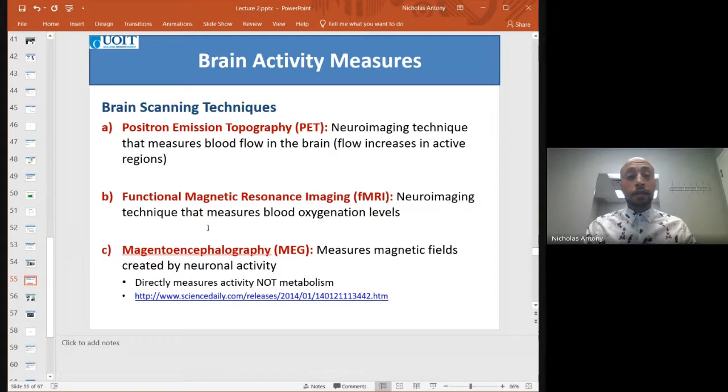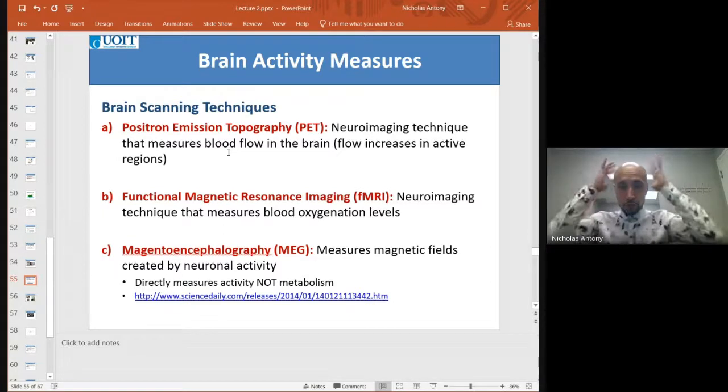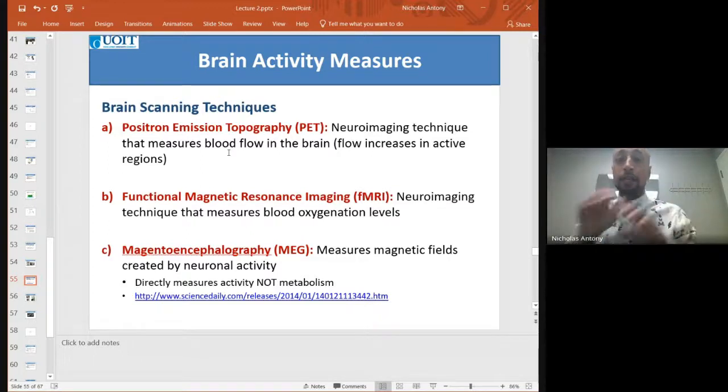Other techniques that are available are positron emission tomography, or PET. It's looking at blood flow. What you do is you take a radioactive dye, and it's not harmful, but then you look at those dyes because you can read where the dye is, so blood flow. If the dye is in the blood, you can look at how much blood is there and where.